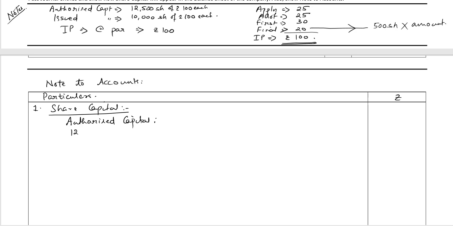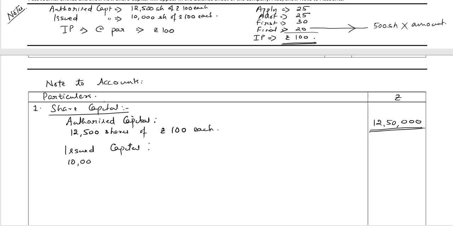It is 12,500 shares of rupees 100 each, ₹12,50,000 and a double underline. Next is issued capital, 10,000 shares of rupees 100 each, 10 lakh rupees with a double underline.